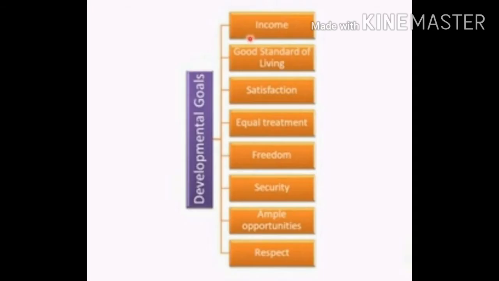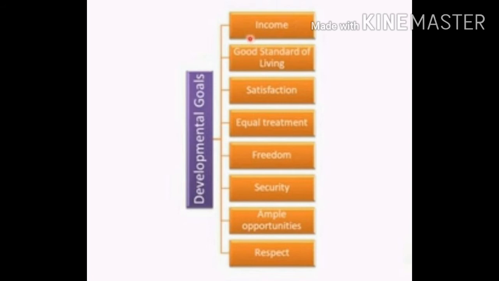The first characteristic of development is called developmental goals. Now you can see here, as well as income, there are other different developmental goals, as everyone wants a good standard of living. Second is satisfaction. Third is equal treatment.